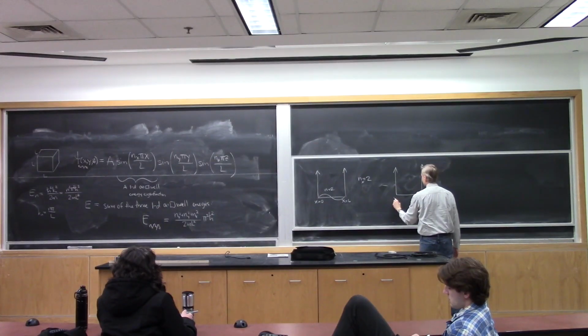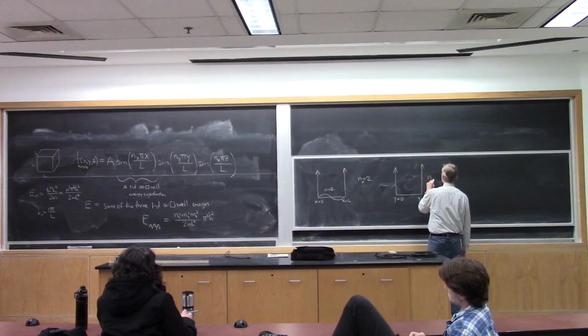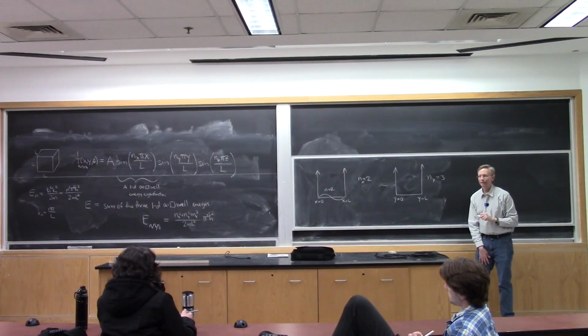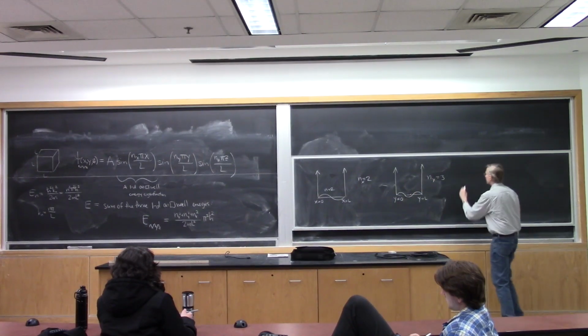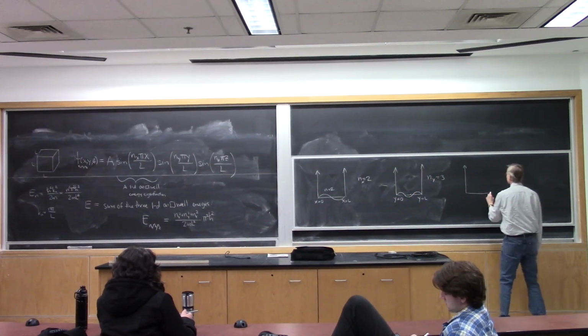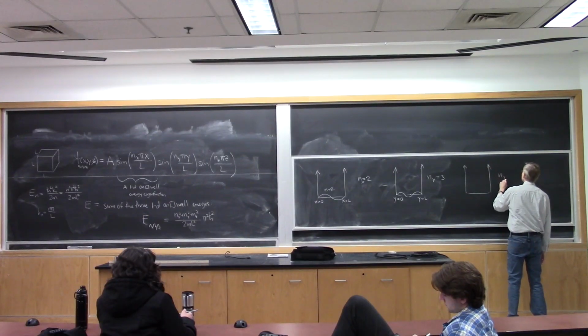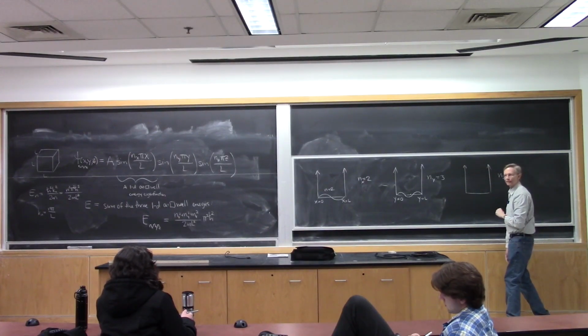Okay, in the y direction, here's y equals 0, and here's y equals L. And if n_y is equal to 3, what do I plot there? 3 humps. 1, 2, oops, I can't count. 1, 2, 3. So that would be n_y equals 3. And I don't know, what do you want n sub z to be? 5.